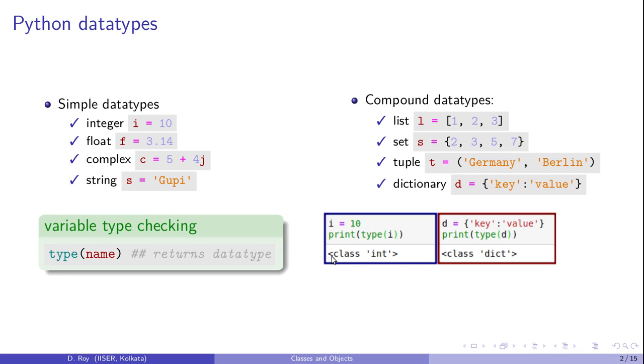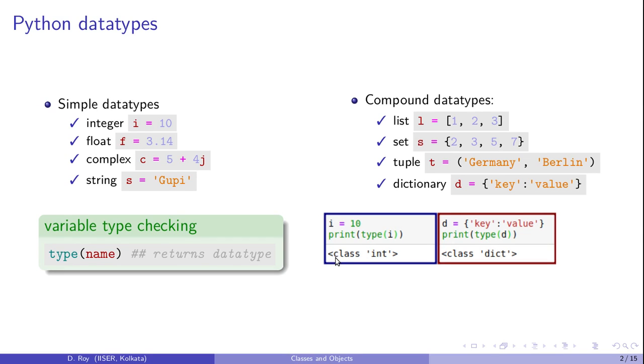As you can see, the output would be class int, or in case it is a dictionary, for example this one where keys and values are given, if I print the type of the variable here, it will return class dict.